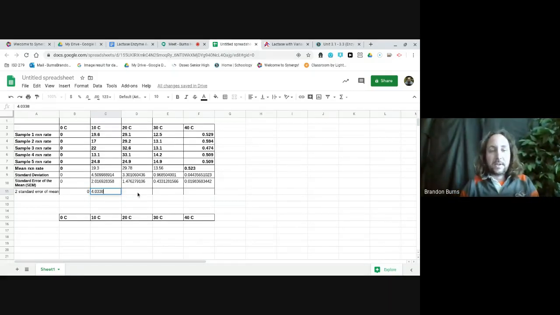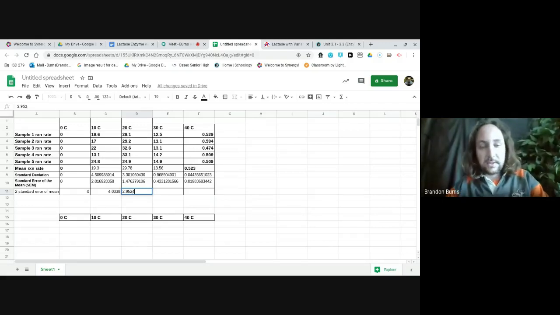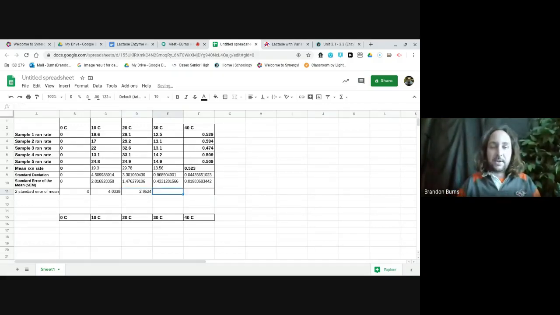All right. So that's my 2 standard errors of the mean for that. 1.47. I should have done this ahead of time. 6.2. 2.95. There is definitely a way to do this in Google Sheets. I just don't know what it is. If you want to take the time to figure it out, go ahead. Okay, that'll be enough. 2 standard errors of the mean will work. You would do this for all of them.